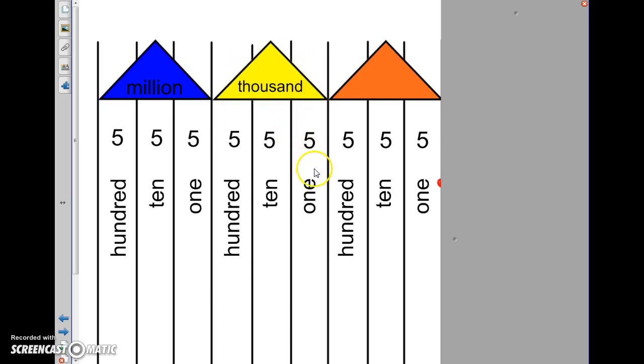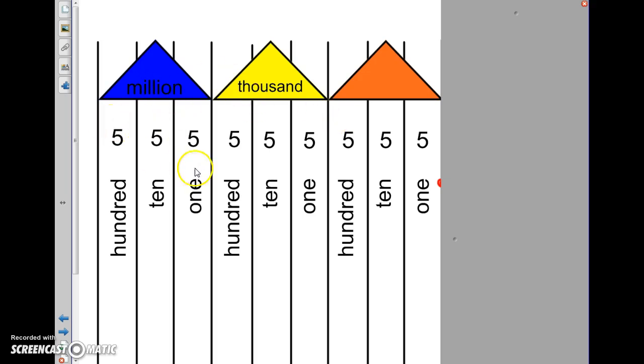But then as we move to the left here and we're in the thousands house, if you will, then it's 1,000. So we've got 5 in the ones column, but it's got 1,000 in the last name, so we've got 5,000. Here we've got 5 in the tens. 5 tens makes 50, but the last name is 1,000, so 50,000. So in this house we'd have 555,000.